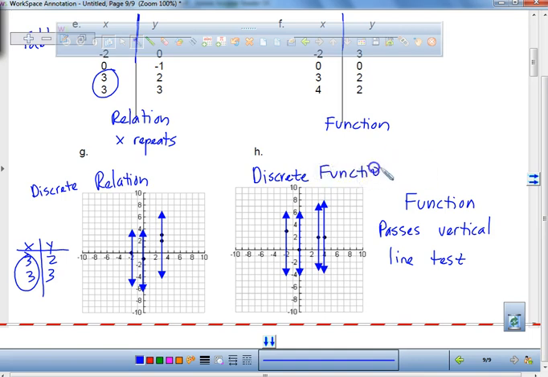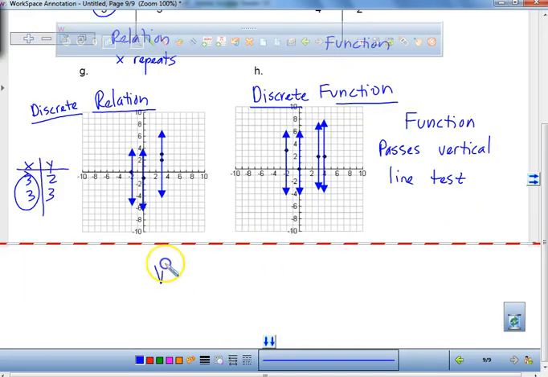So, listen, you still have some time, so don't start putting up. If there are just ordered pairs, it's considered to be discrete. If X repeats, it's considered to be a relation. You can have a discrete function, you can have a discrete relation. But how do you know if it passes the vertical line test or it doesn't? If it hits more than once, it doesn't pass the vertical line test. So here's the last thing I want you to write down.